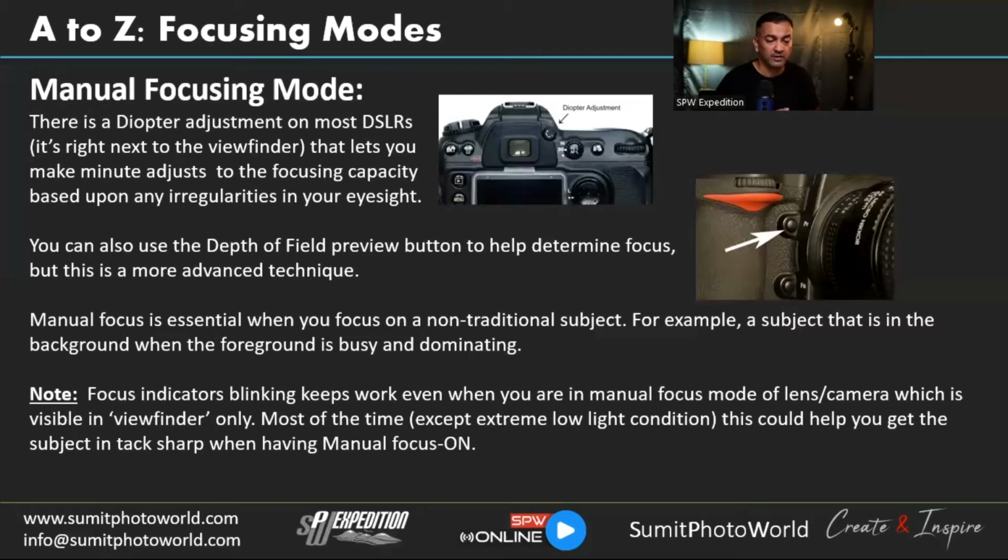The focus indicator blinking keeps working even when you are in manual focus mode. This is a kind of experience I'm sharing here. Even if you're in manual mode, you press your shutter release button halfway and use the focusing ring to make the subject look in focus.